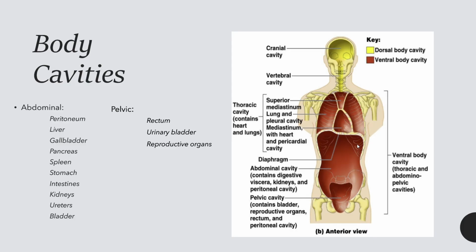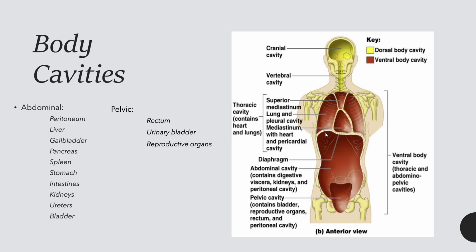We can also on this diagram see the abdominal and the pelvic cavities. Sometimes these are combined into abdominopelvic cavity, but this is just a way to divide it a little further. Within the abdominal cavity, we have the peritoneum, which is going to be that lining that surrounds the entirety of the organs, dividing the outside versus the inside where all the organs are.